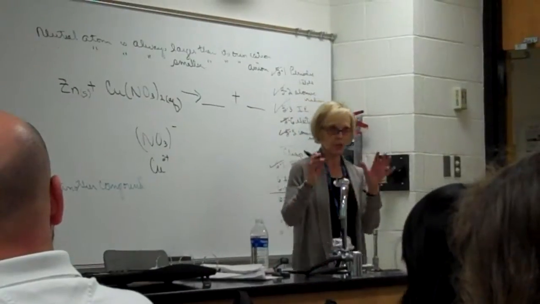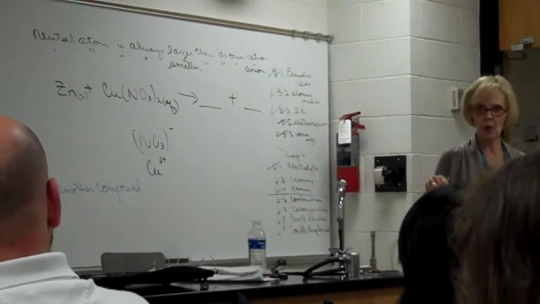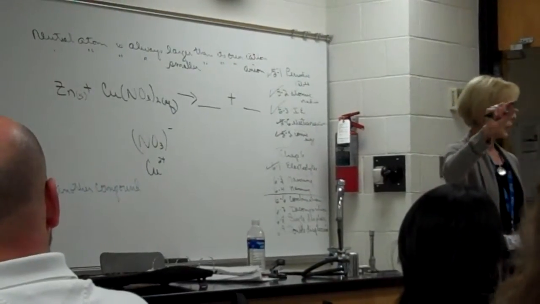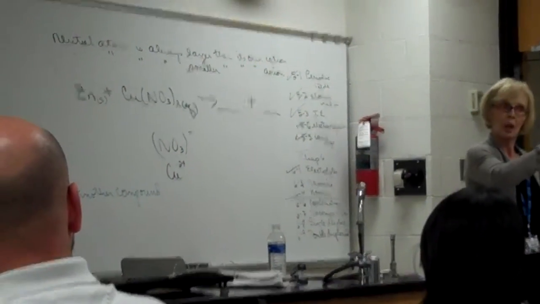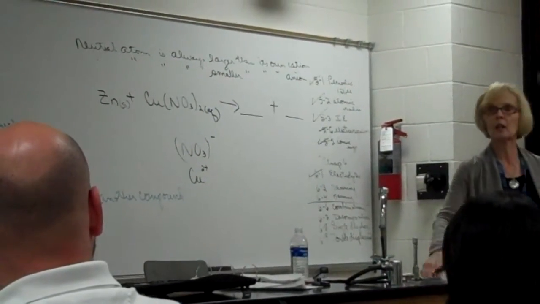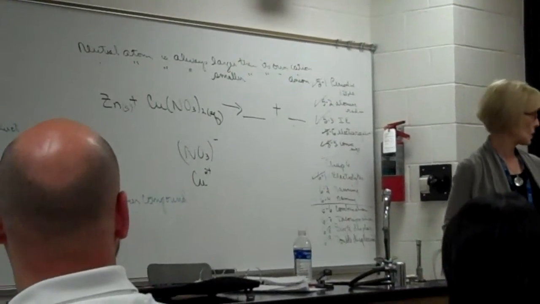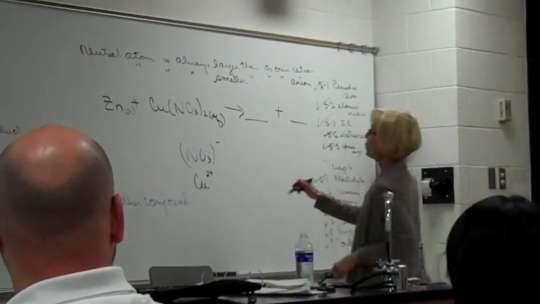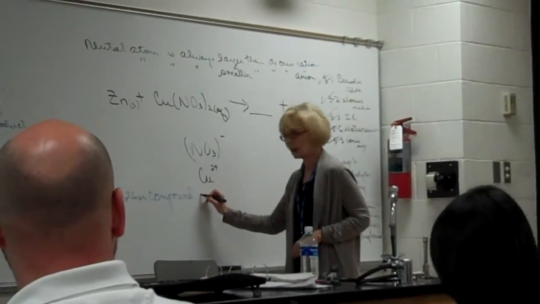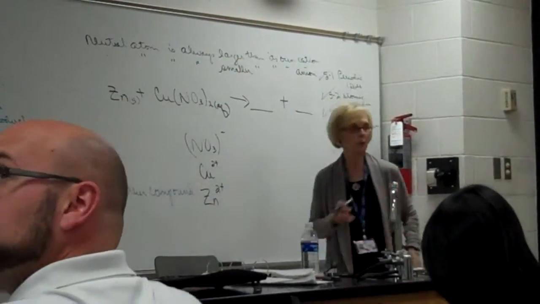And on your data sheet, the one that said write all these equations if they went, up at the top, if you read the fine print, it tells you what the charges are on those ions. Because once you get metals from the B families, they're not predictable. And so copper will be +2. If zinc takes on a charge, it will be +2.